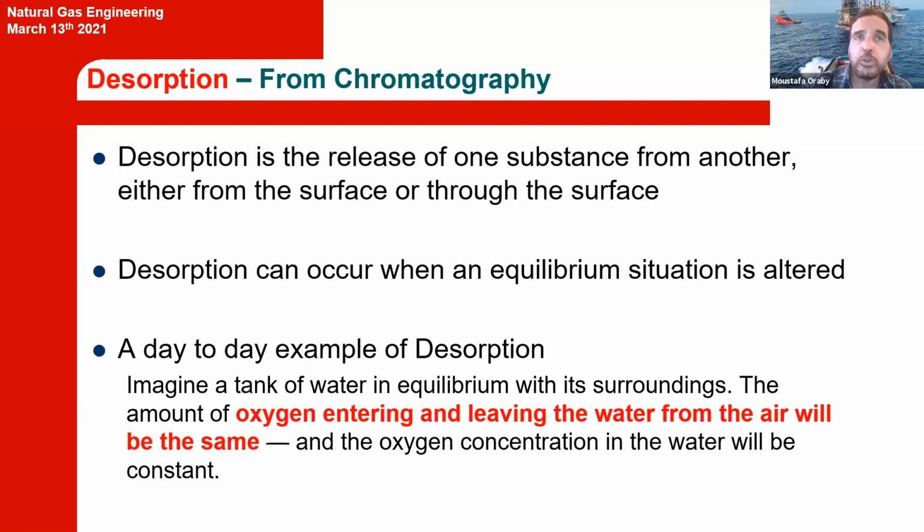So the desorption that we see in normal life is exactly what happens downhole. The hydrocarbon got released from the organic material due to the unequilibrium situation, due to the pressure and temperature. That released hydrocarbon is trapped between the layers of the source rock.